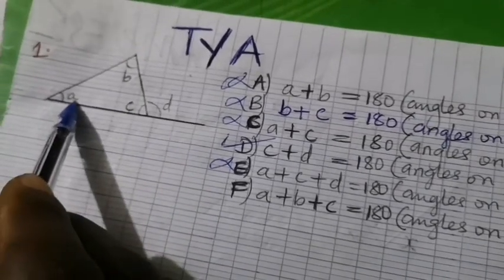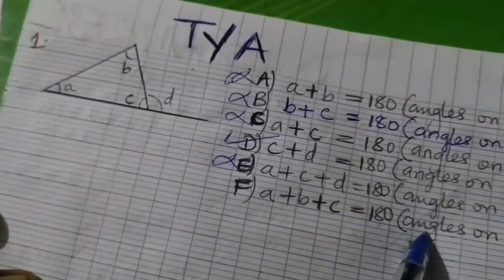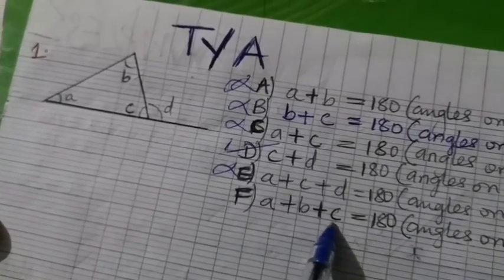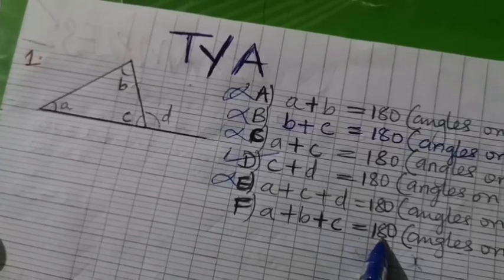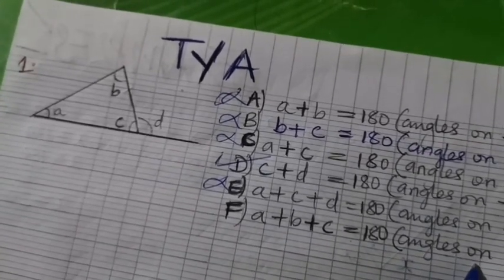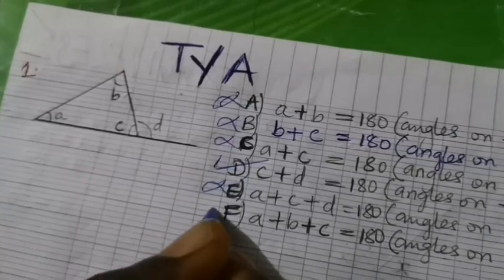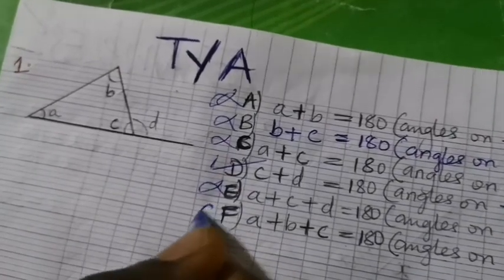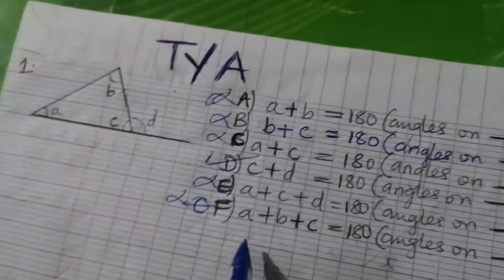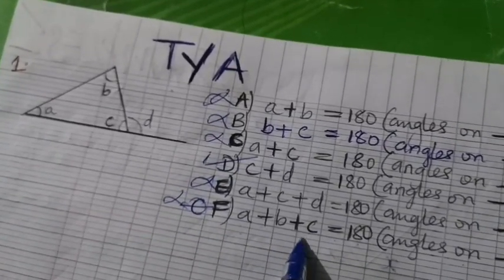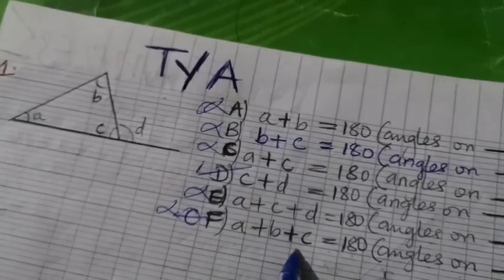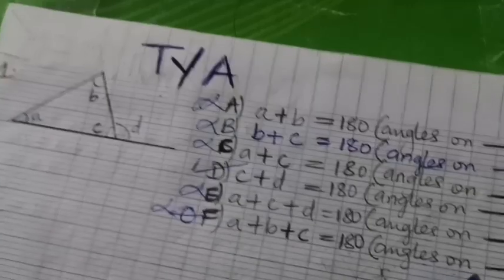It's actually 180 degrees, but the reason here is that they are angles on a straight line. A plus B plus C equal to 180 degrees is actually true, but based on our reason, angles on a straight line is no longer true. So this is wrong. A plus B plus C is 180 degrees, and the reason is sum of angles in a triangle, not angles on a straight line.